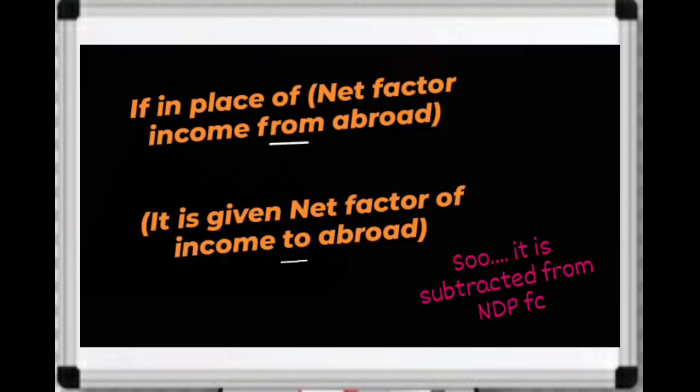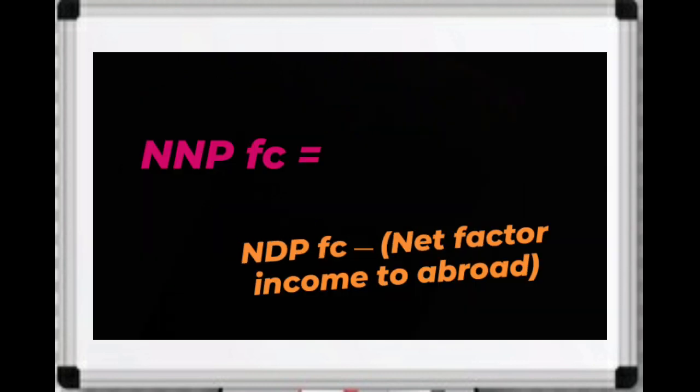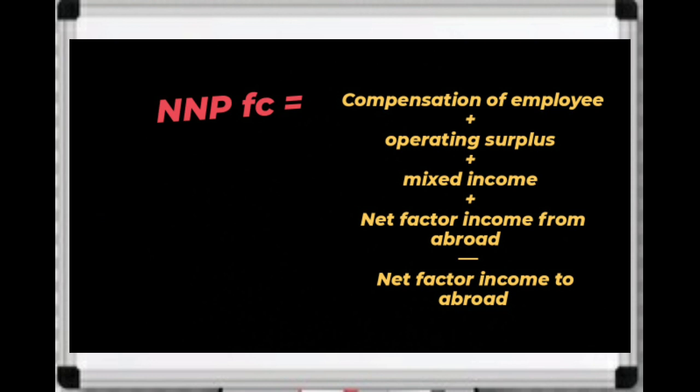If, in place of net factor income from abroad, net factor income to abroad is given, then we have to subtract it from net domestic product at factor cost. In short, NNP at FC is equal to compensation of employees plus operating surplus plus mixed income plus net factor income from abroad, or minus net factor income to abroad.